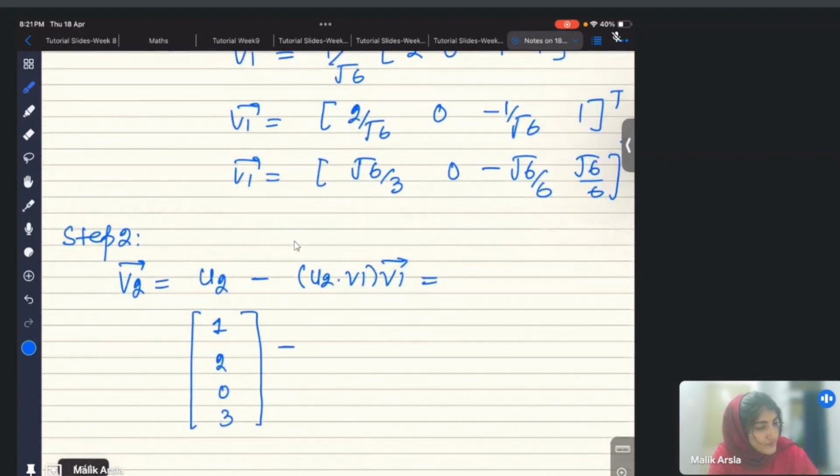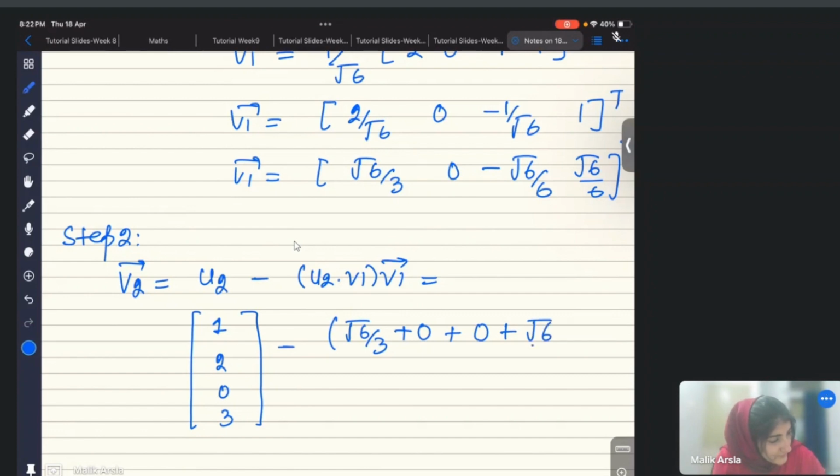So v1 is here and u2 is here, and this will be root 6 by 3 plus 0 plus 0 plus root 6 by 2, into v1 vector. v1 is root 6 by 3, 0, minus root 6 by 6 and root 6 by 6.